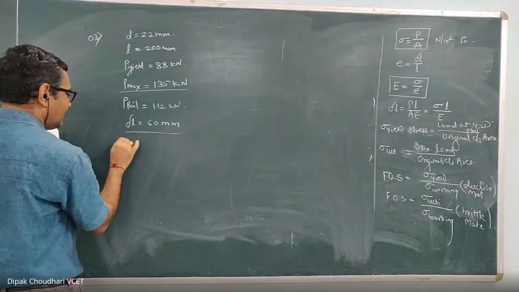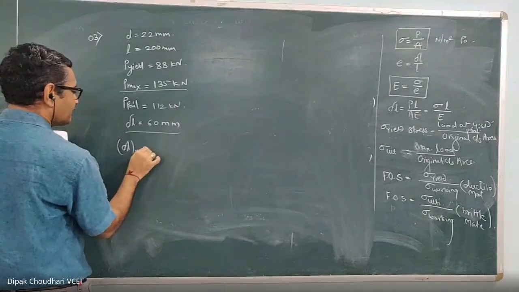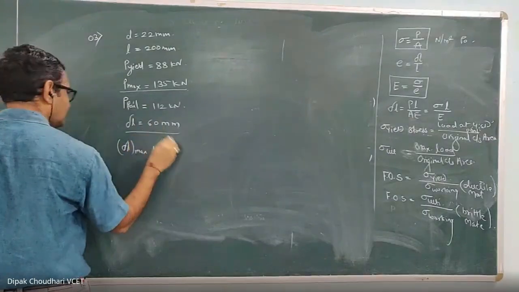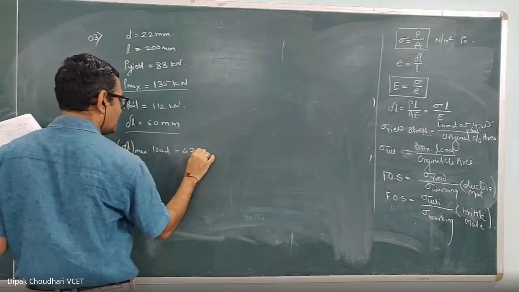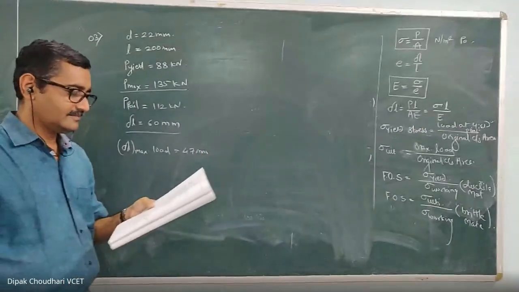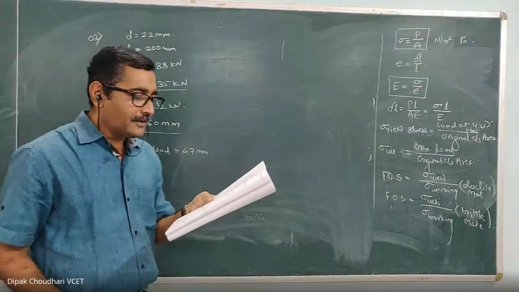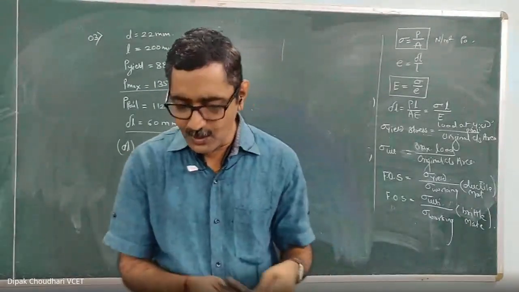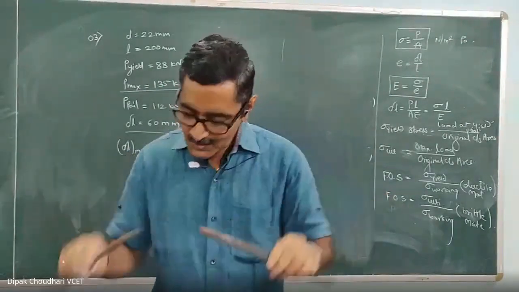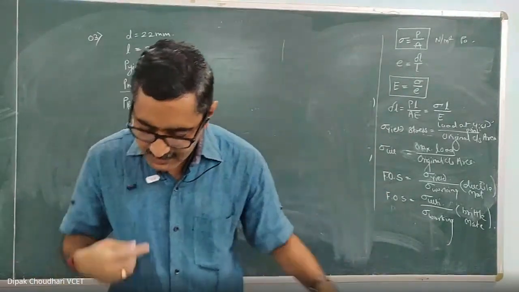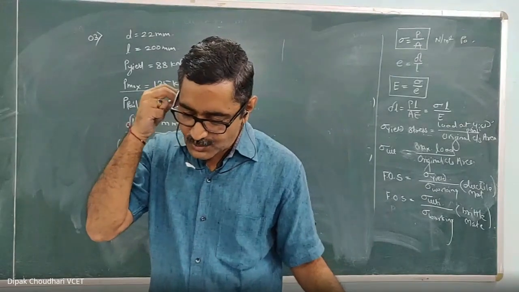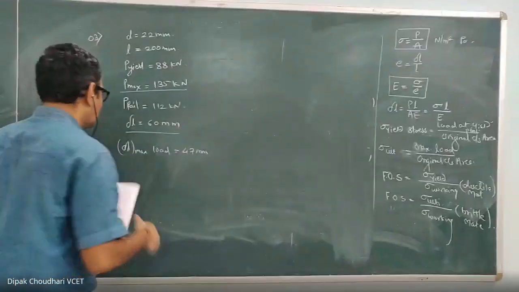The change in length up to maximum load is 47 millimeter. The area of reduced cross section at the fracture, when it fails: the reduced cross-sectional area is 200 millimeter square.